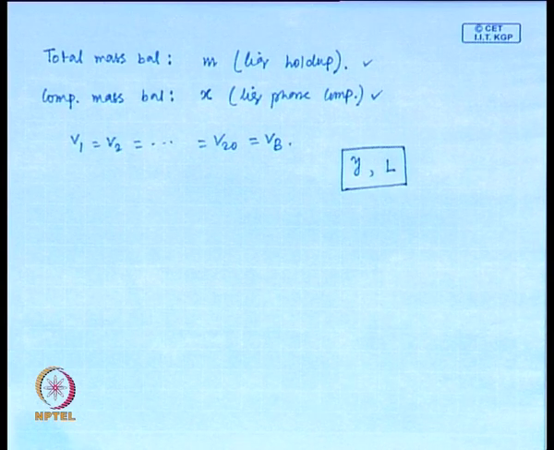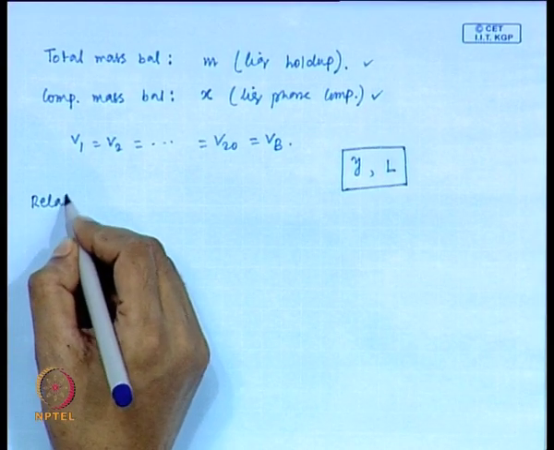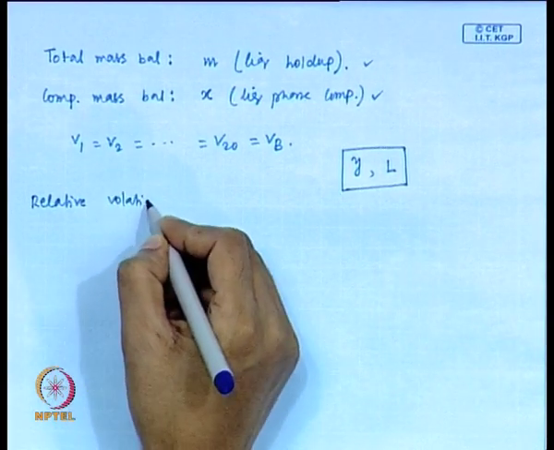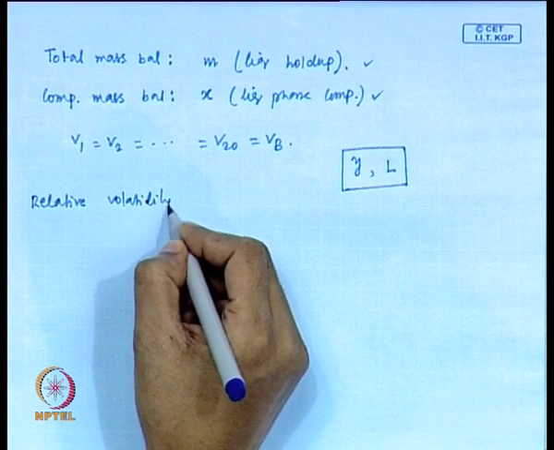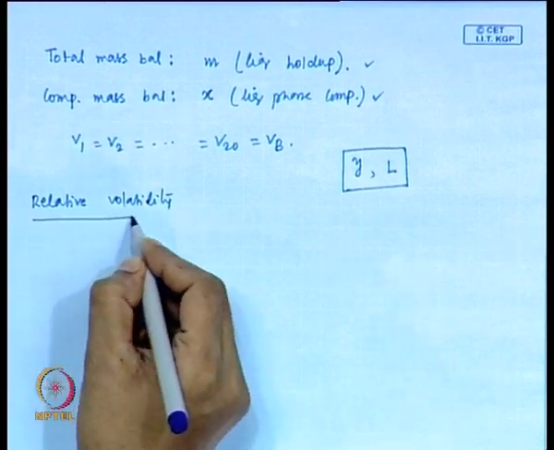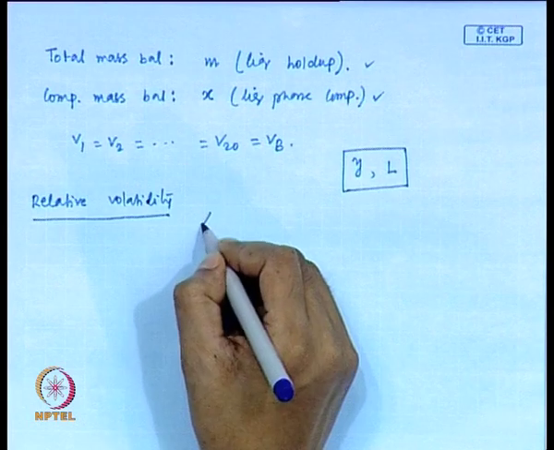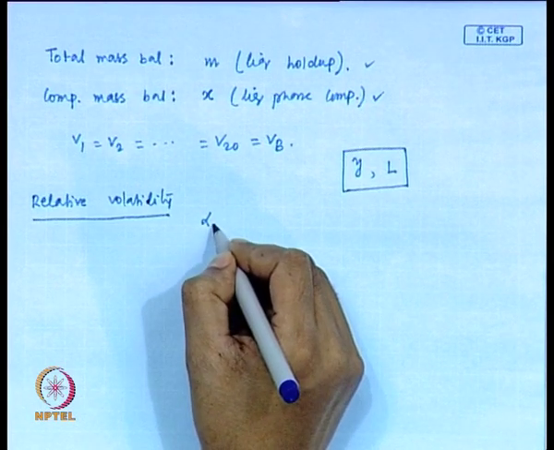Fine. How can we calculate y? We have assumed one thing, that the relative volatility of components A and B remains identical throughout the column. Relative volatility is represented by alpha.